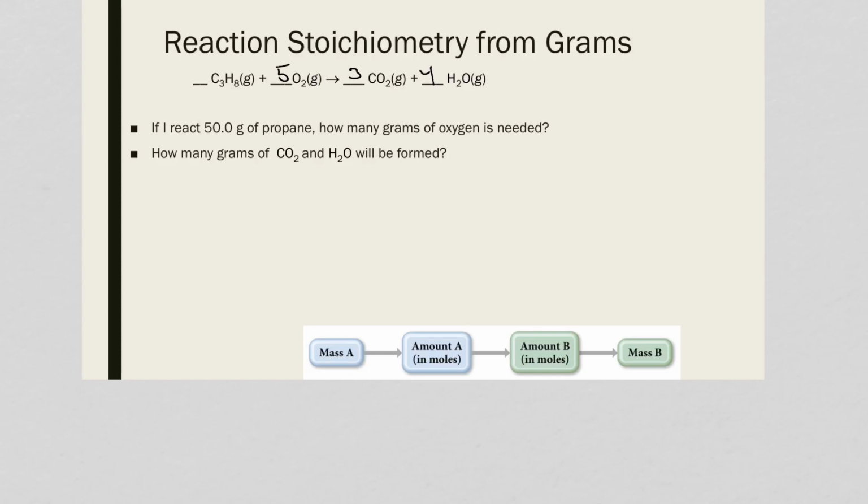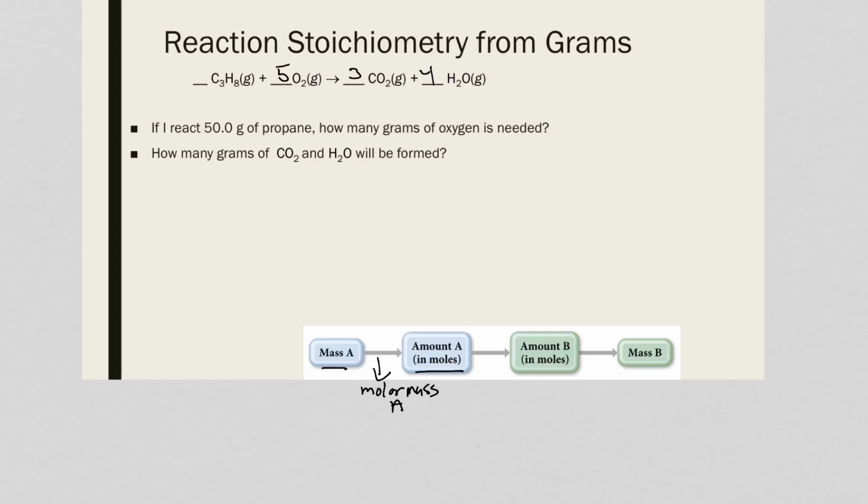So a lot of the problems that we encounter will follow this basic pattern, where we're going to start with the mass of some material here, and we're going to need to convert it into moles. And so, of course, to do that, we always need the molar mass of whatever the material we're working with is.